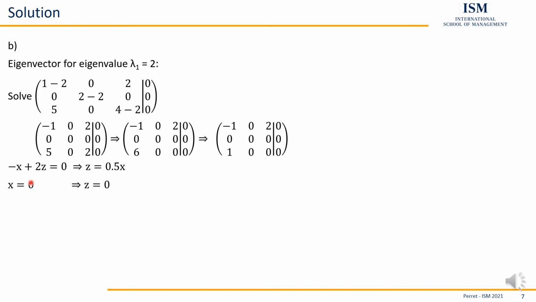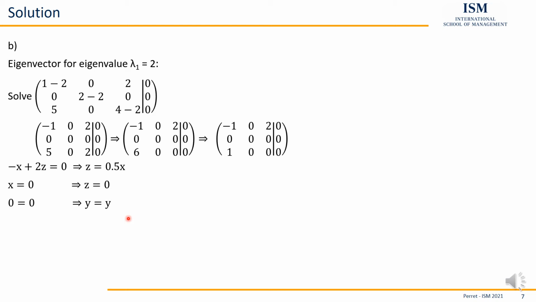Well, combined with the third row, where it says that x is equal to 0, we also get that z is equal to 0. So we have 2 variables which are defined. We have 1 row with only zeros, meaning we have to select one arbitrary variable. This is then, well, the only one left, which is y.